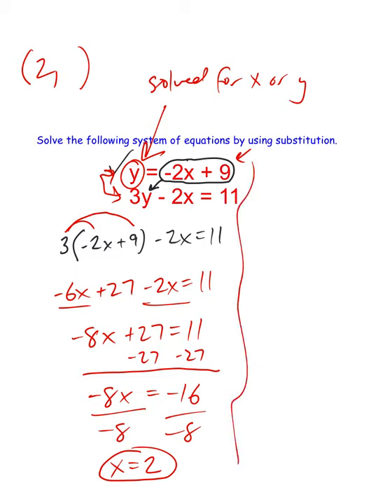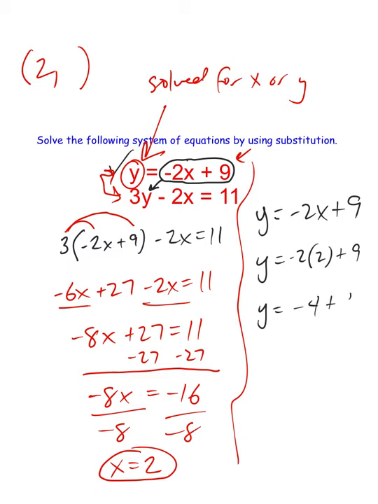We can just take the equation y equals negative 2x plus 9 and substitute in 2 for x. So that would be y equals negative 4 plus 9, which is y equals 5.